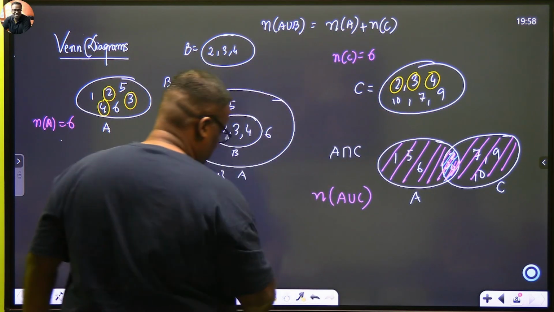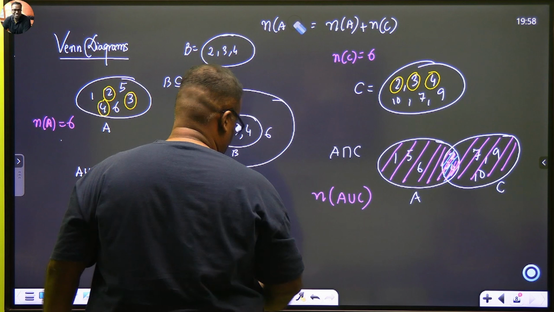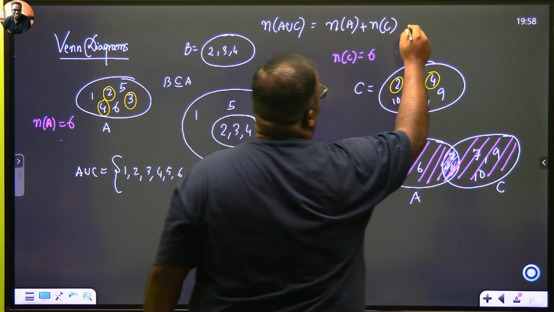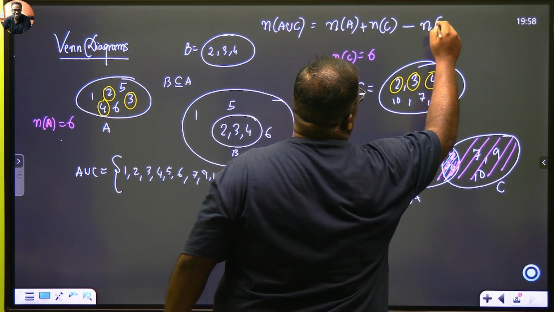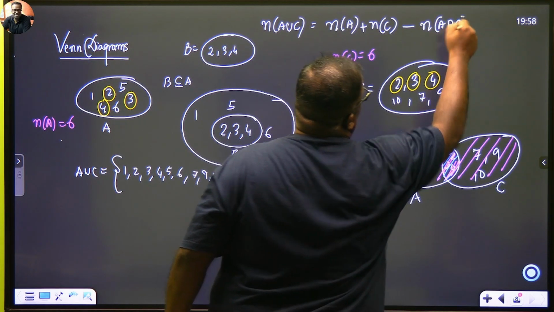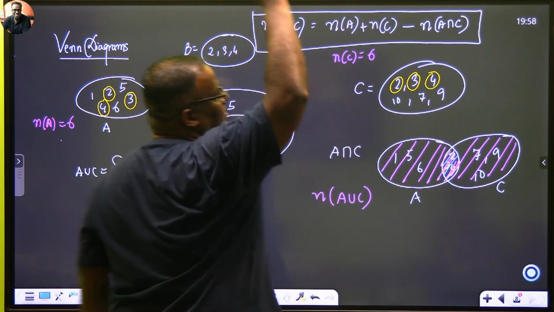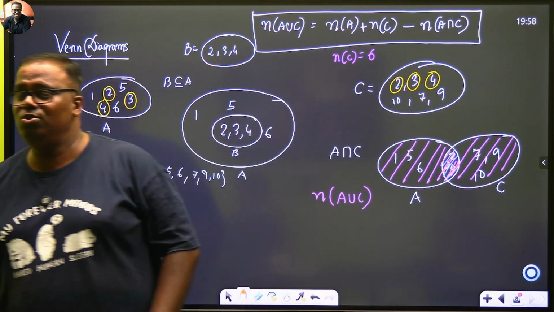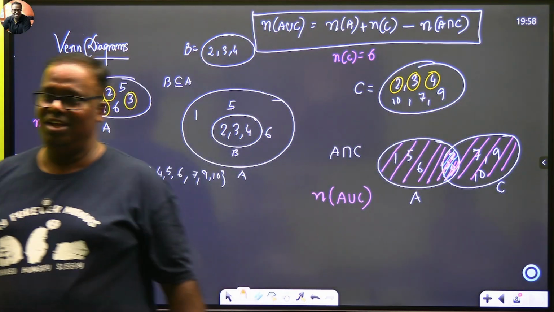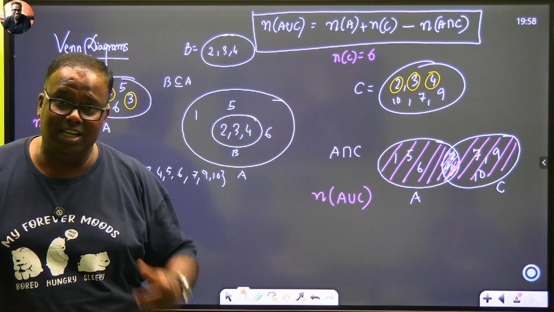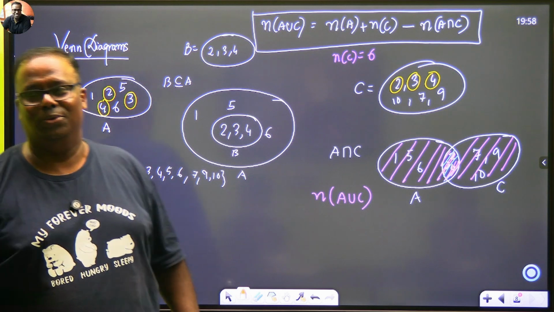Sorry, not B, it should be C. n of A union C: we came with A, we came with C, and we will exclude whatever is common between the two. This formula will be very, very useful in all your problems. n(A union B) is not n(A) plus n(B). Acha, can n(A union B) be n(A) plus n(B)? Yes, it can be if the intersection is 0.